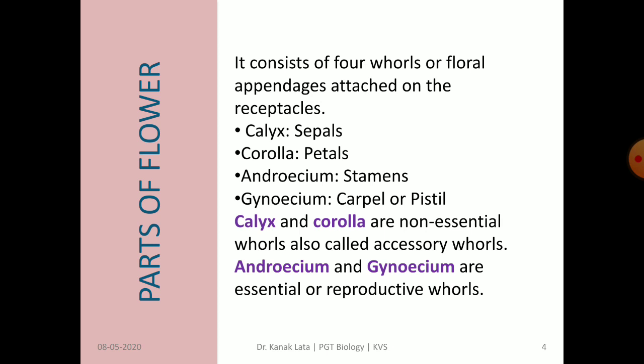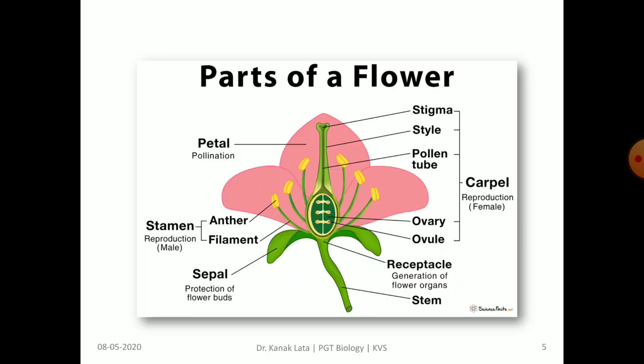Androecium and gynoecium are also called the male and female part of the flower. This figure clearly shows the parts of flower. All the 4 whorls or floral appendages are attached onto the receptacle.